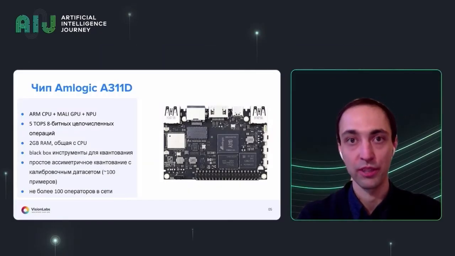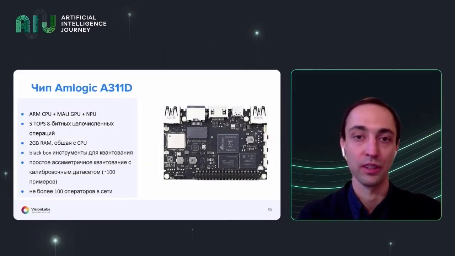What about quantization on this device? Amlogic has its own tools for quantization, but they're basically a black box. But we know that they use asymmetric quantization with the calibration data set of about 100 samples. The tools were quite okay.